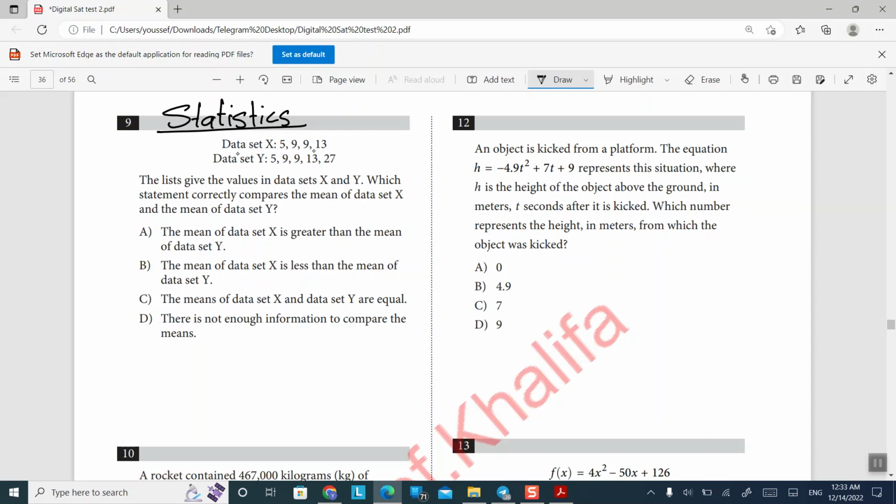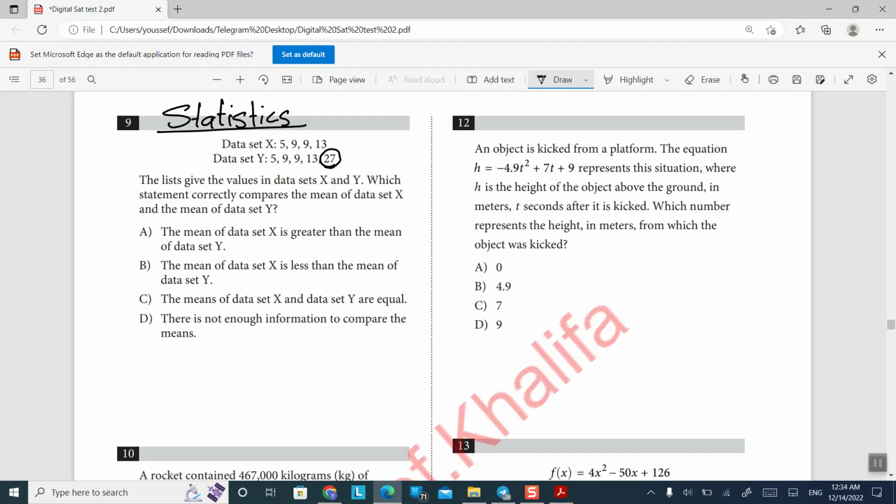Notice that in data set X and data set Y, you have the exact same values in each set, but the only difference is 27. And notice that 27 is larger than the other values in the data, so we can assume that data set Y has a larger mean than data set X, or data set X has a smaller mean than data set Y.